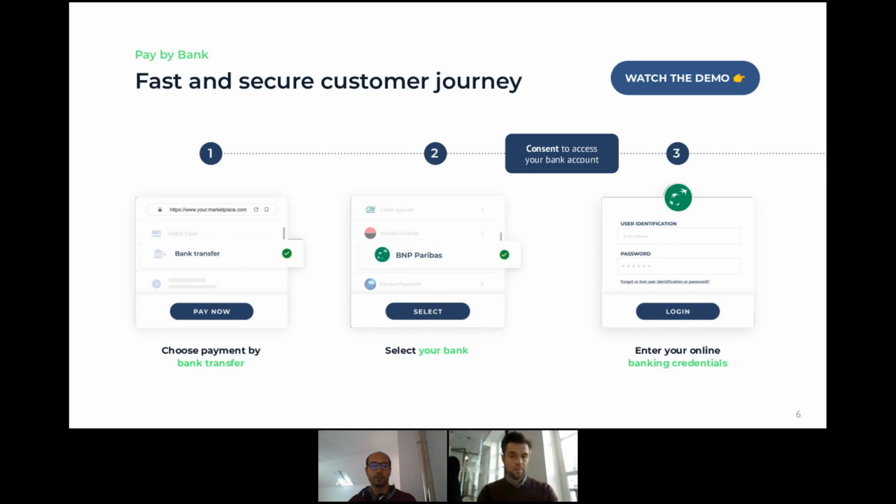So let us take BNP Paribas as an example. Once the customer clicks on the bank, BNP Paribas, he is going to be directly redirected to a well-designed page, which is going to ask his IDs and password to make sure he is correctly identified in his banking environment.